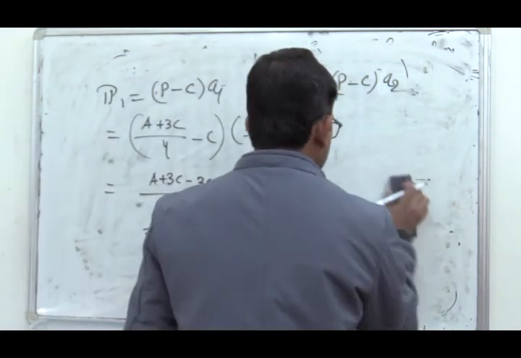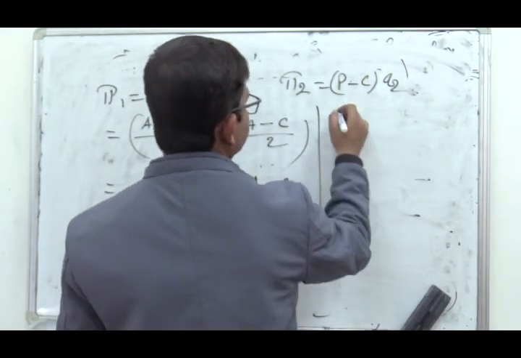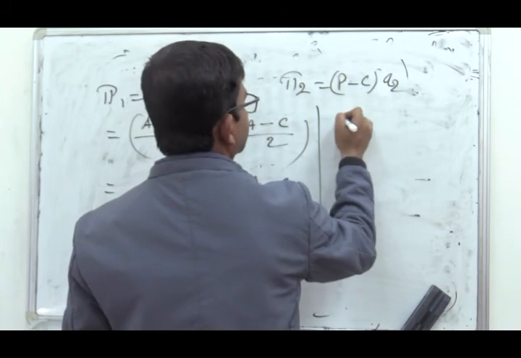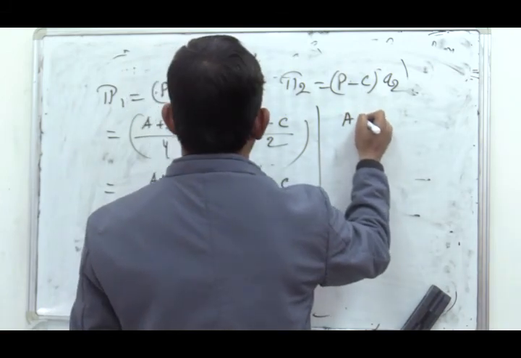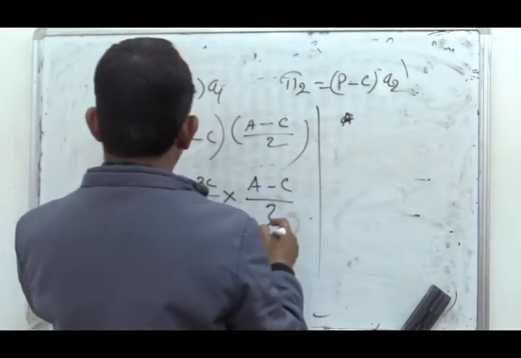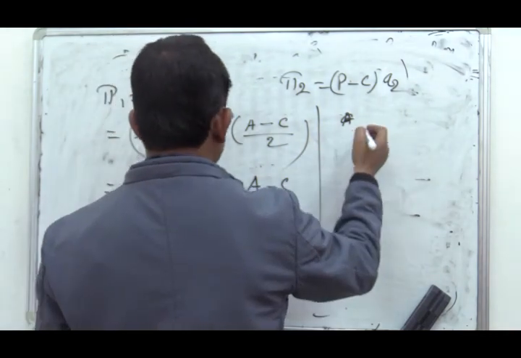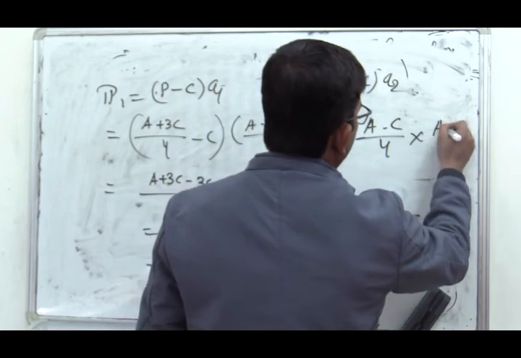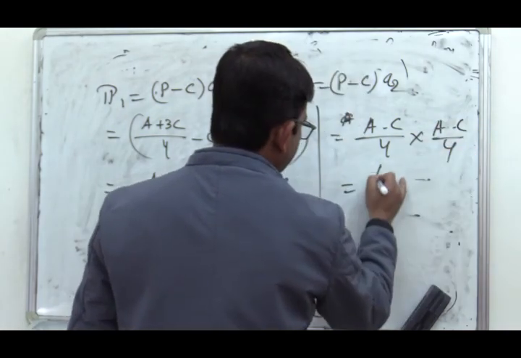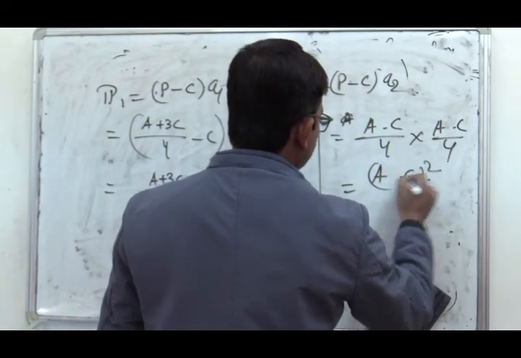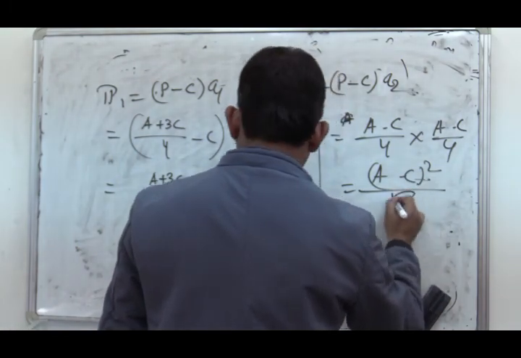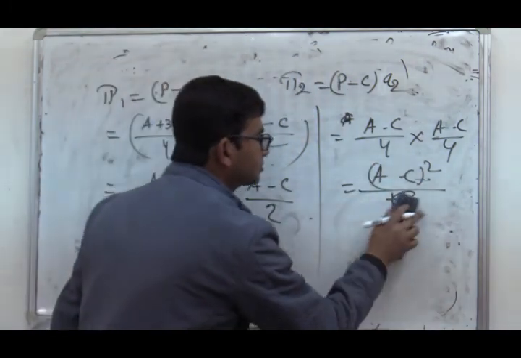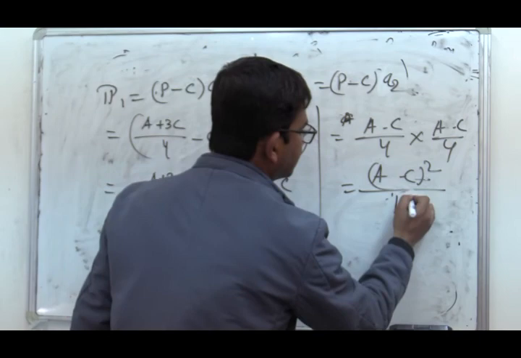And pi 2 equals, we have already got P minus C equals (A minus C) by 4. So it will be (A minus C) by 4 into (A minus C) by 4, which equals (A minus C) whole square by 16.